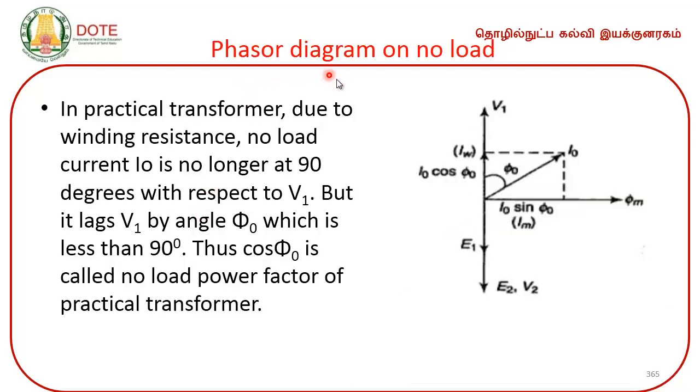Phasor diagram on no load. In a practical transformer, due to winding resistance, the no load current I0 is no longer at 90 degrees with respect to V1, but it lags behind V1 by an angle phi 0, which is less than 90 degrees. Thus, cos phi 0 is called the no load power factor of a practical transformer.